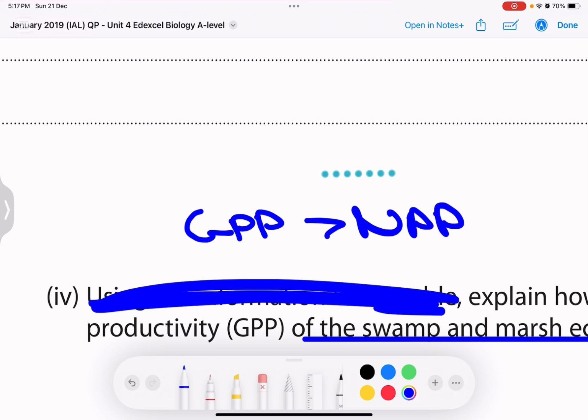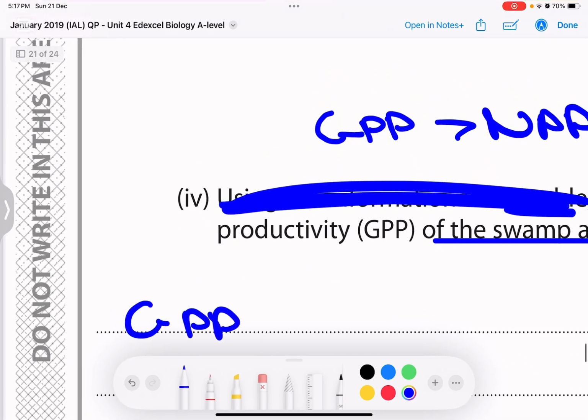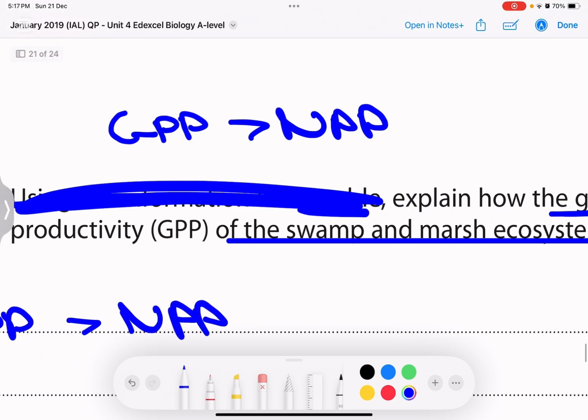It doesn't matter. So you just say that GPP is greater than NPP. Write it in words, obviously.